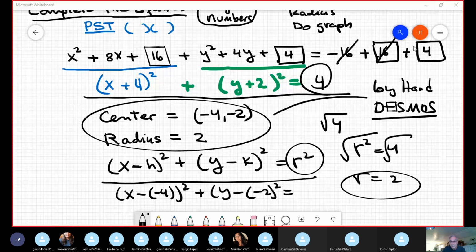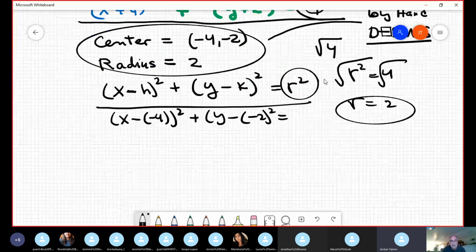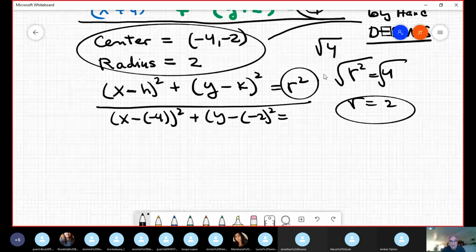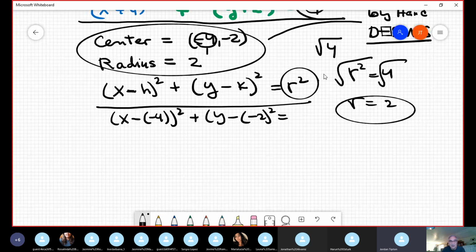Okay. This is my formula. Okay, look, my formula is like that. But in our specific example, I discovered that h is negative 4.